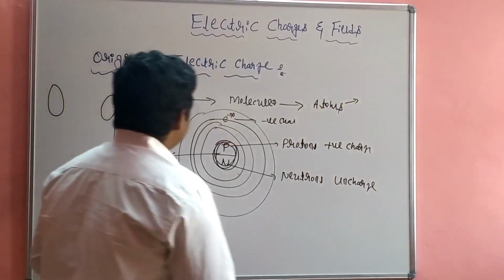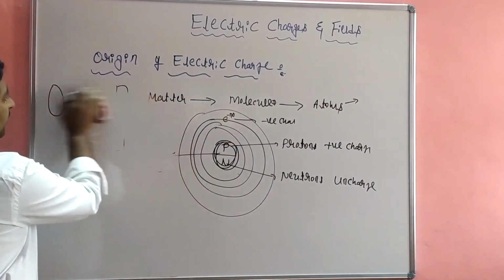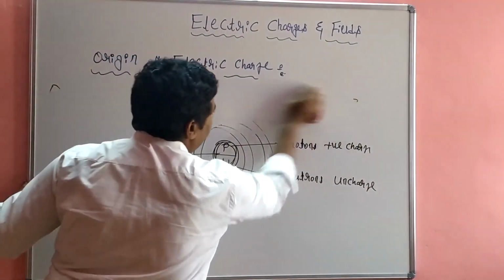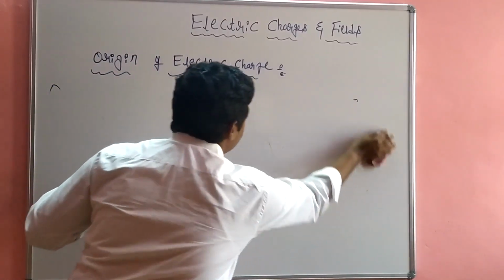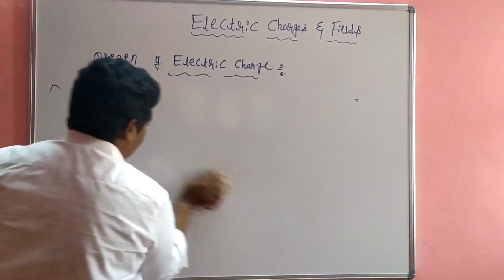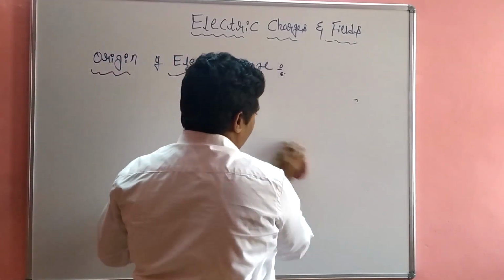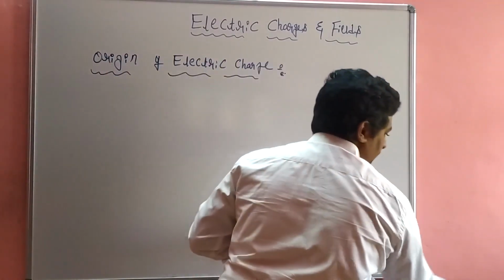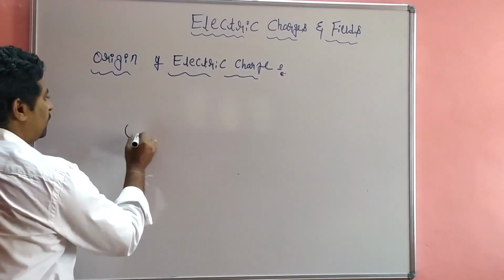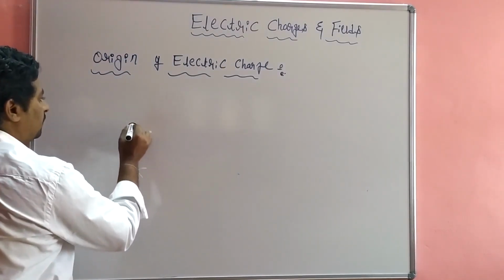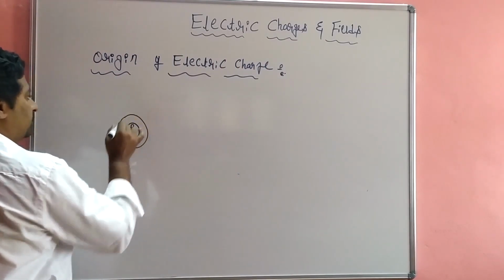So how is a body said to be positive and how is a body said to be negative? Let's take an explanation to better understand the concept. This is the nucleus and this is the first orbit.